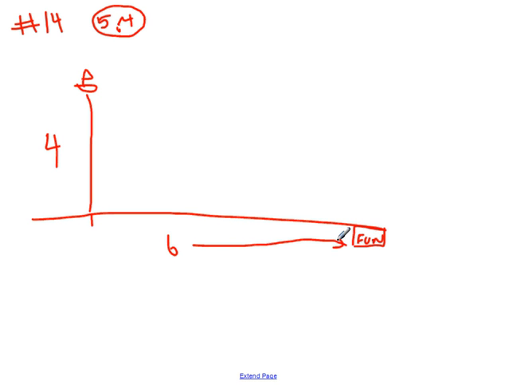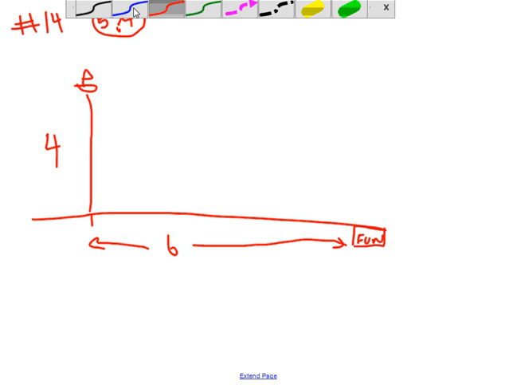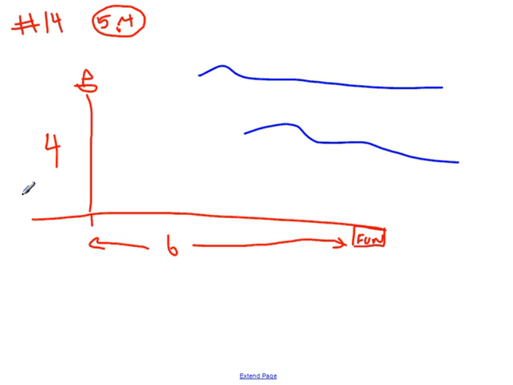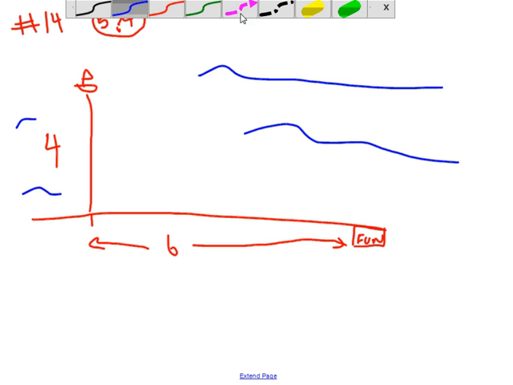6 miles. So the idea is we want to figure out, and when we're on land, let's just make sure that here's the water. This is water, and land is green.